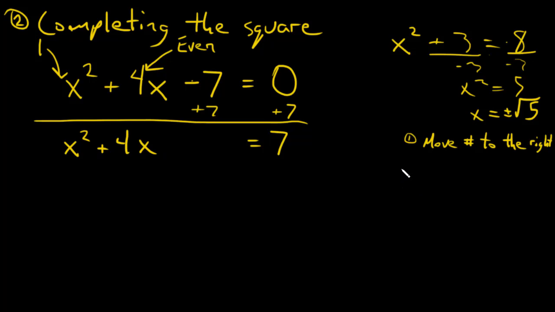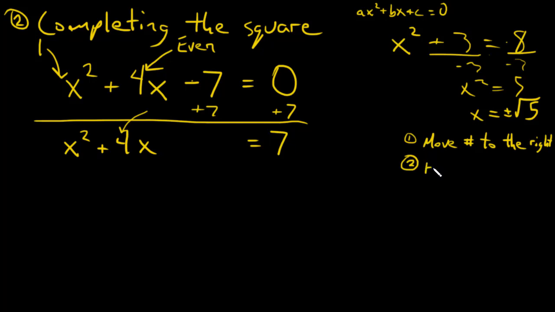Well, step 2. I'm going to call this number in front of the x. If you think of a quadratic being of the form ax squared plus bx plus c equals 0, then I'm talking about the b, the number in front of the x.